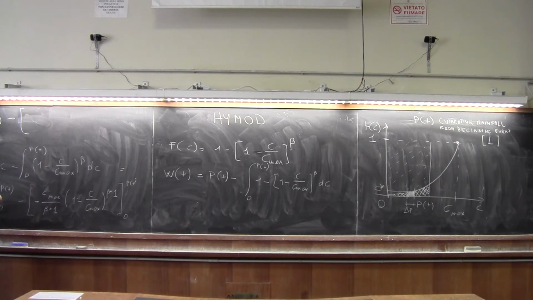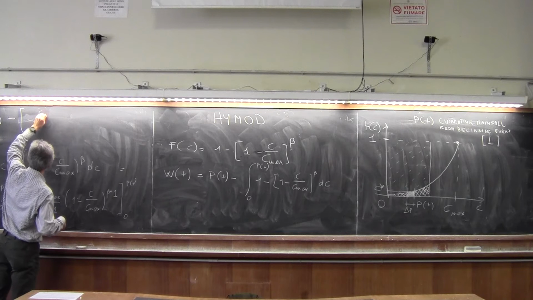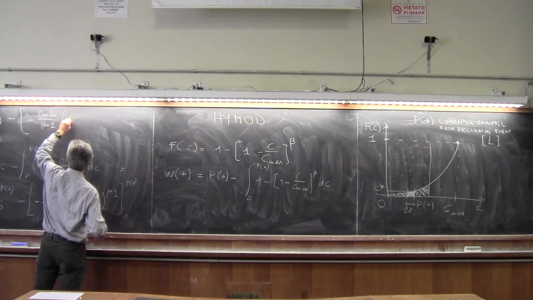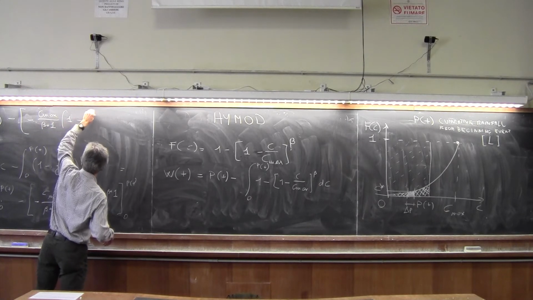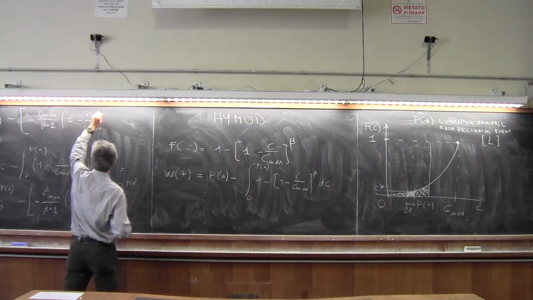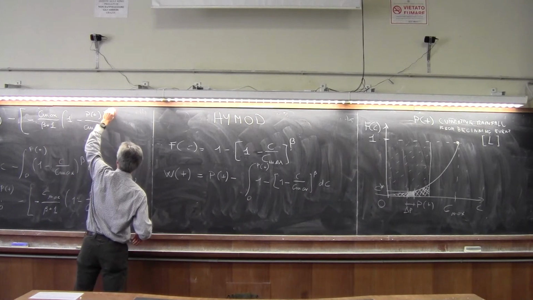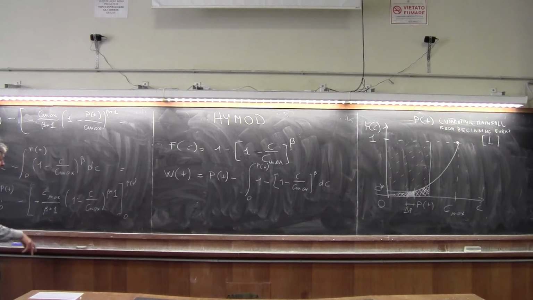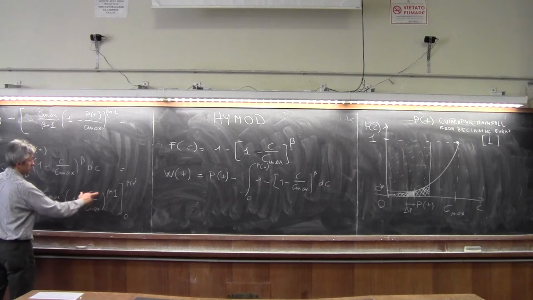It becomes minus C max divided by beta plus 1, which multiplies 1 minus pt divided by C max to the power of beta plus 1. And then I have to put a minus here, and I have to substitute C with 0.